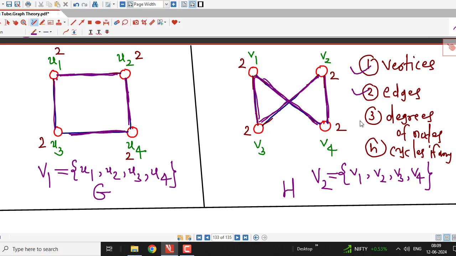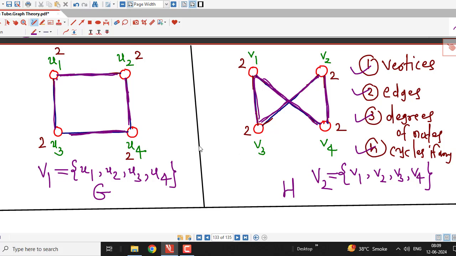So all these properties give us the idea that these two graphs can be isomorphic, but by checking only these 4 properties, we cannot say that these graphs must be isomorphic.